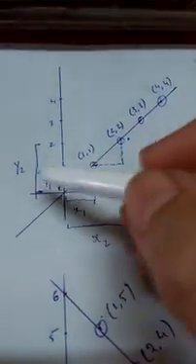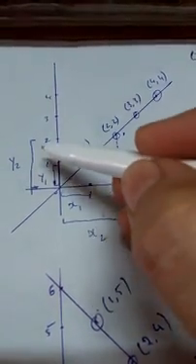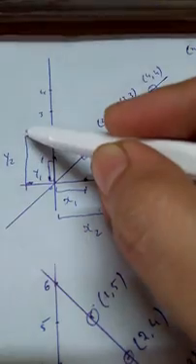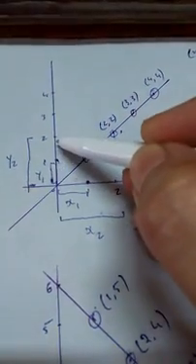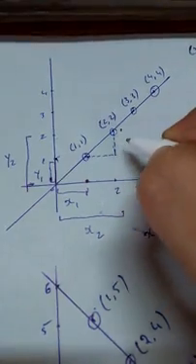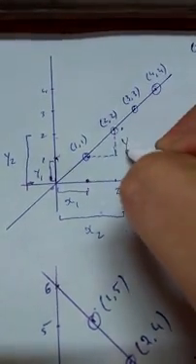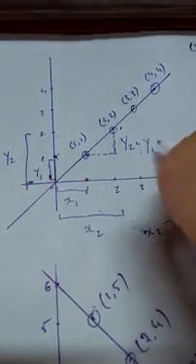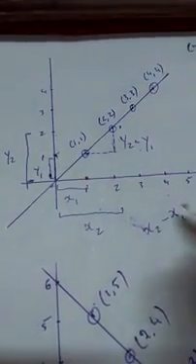So how are you going to obtain it? If you subtract this portion from this whole portion from here to here, you get this much portion left. So this length is obtained by subtracting y1 from y2.